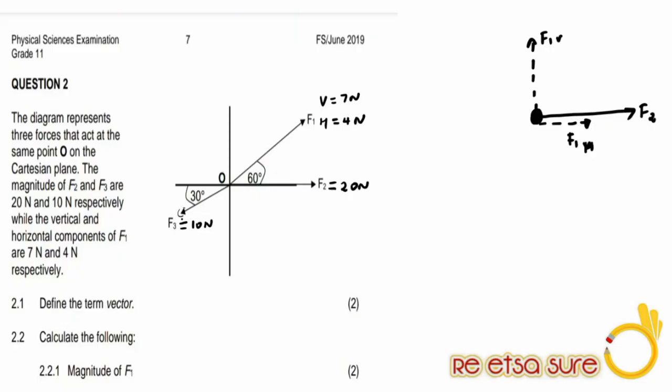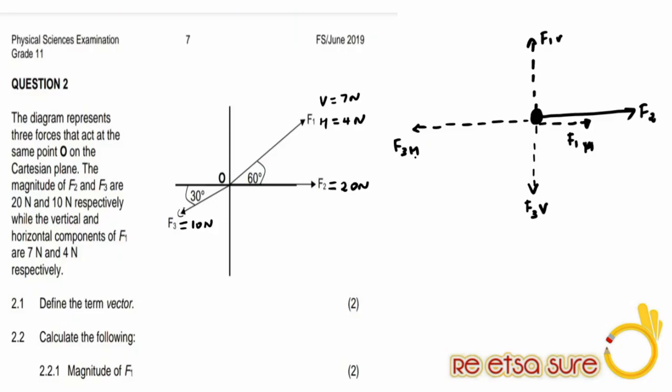Now let me resolve this one into its components. Remember that when we were dealing with the tail-to-tail method, I'm going to have the other force facing downwards, which is the vertical component of this force. So I'm going to name this one F3 vertical, and this one F3 horizontal.